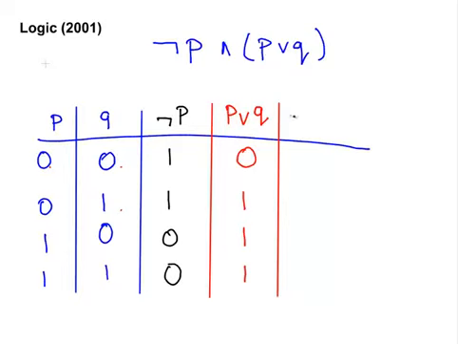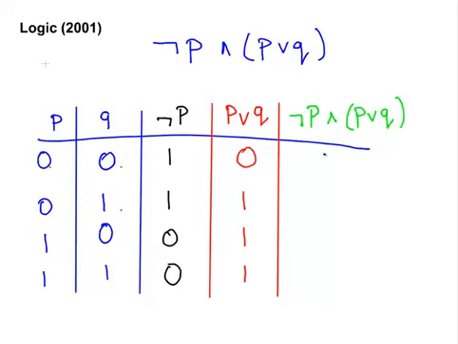So next we're going to put them together. So not P and P or Q. An OR gate is at least one true state, at least one 1. For an AND gate, they both have to be 1.